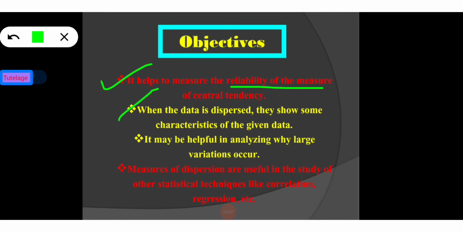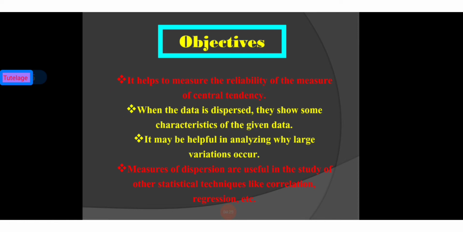When the data is dispersed or spread out, it shows some characteristics of the given data. These characteristics of variation in the data also need to be understood. It supplements the knowledge about the average in knowing more facts about the characteristics of the given data.